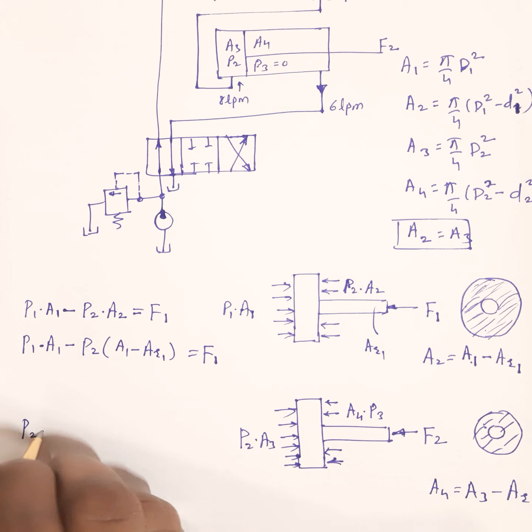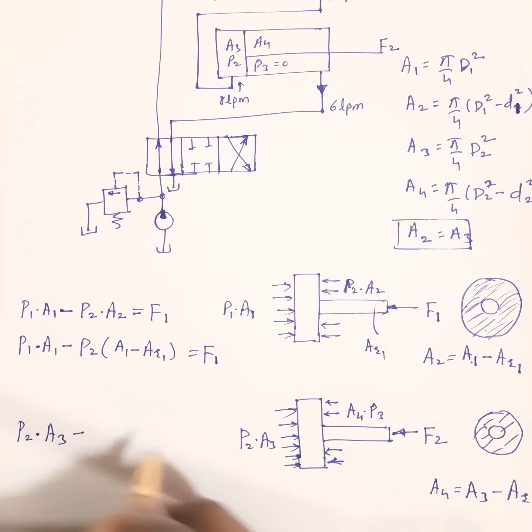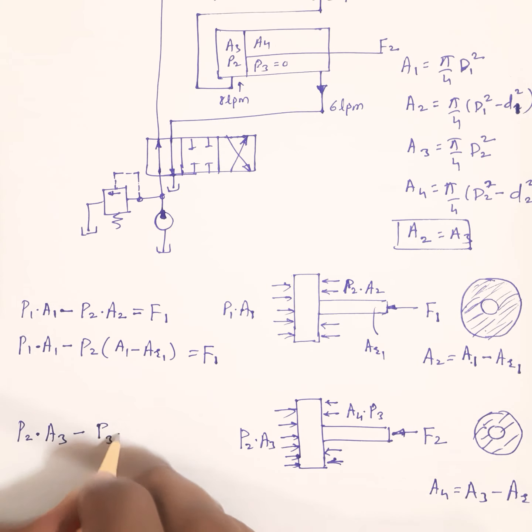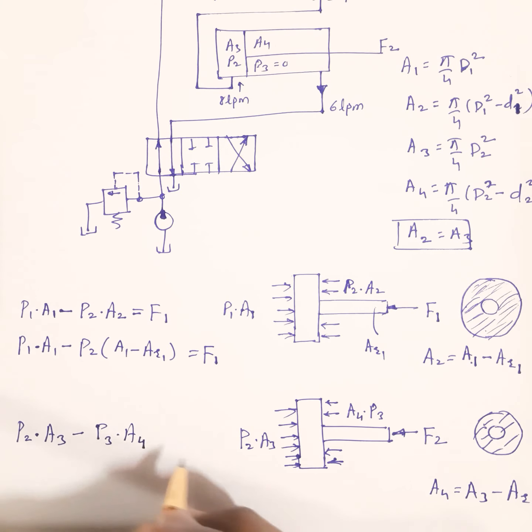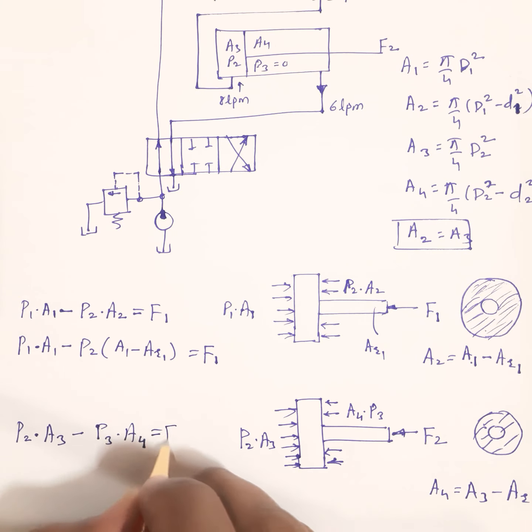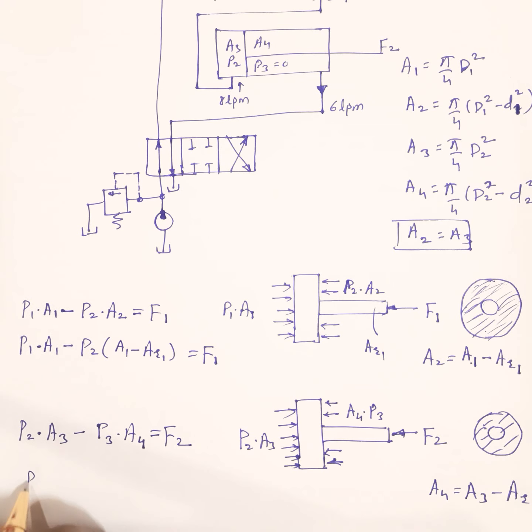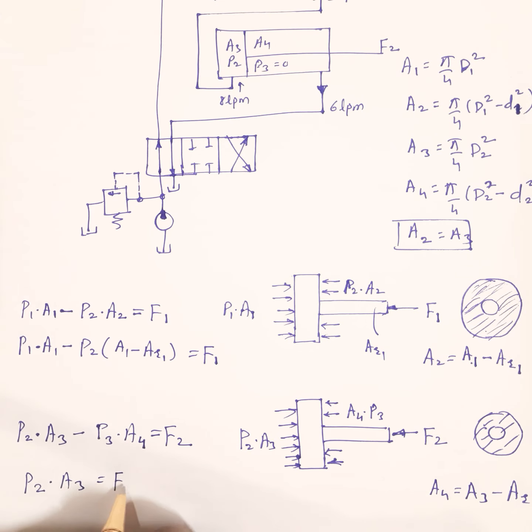So here P2 into A3 minus P3 into A4 is equal to F2. Now this complete term will become 0, so your equation will become P2 into A3 is equal to F2.